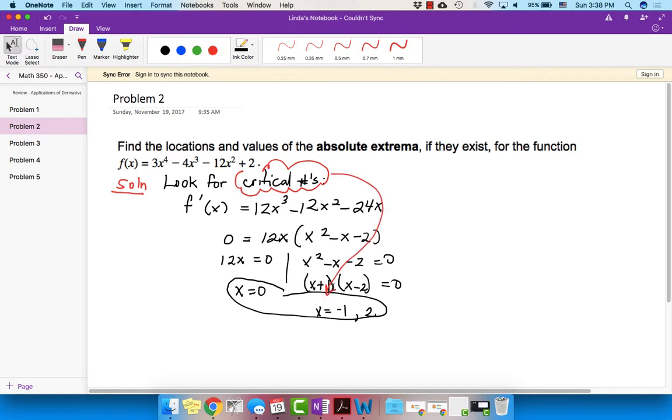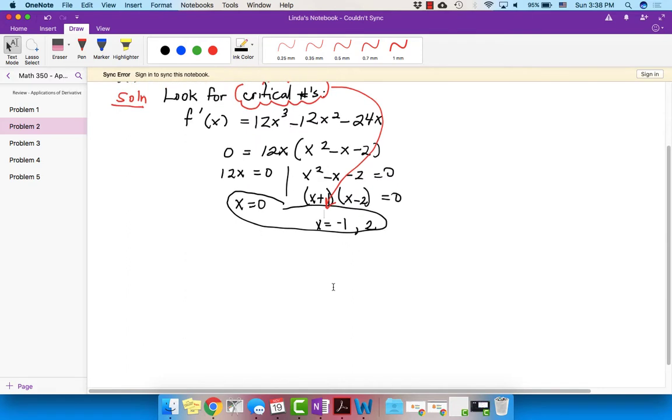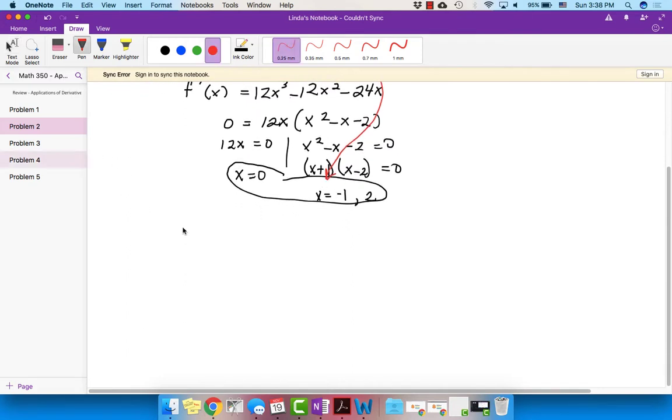Since we do not have endpoints, we will now go ahead and set up a table of the s values that we found, and evaluate them on the function. So we have 0, negative 1, and 2.